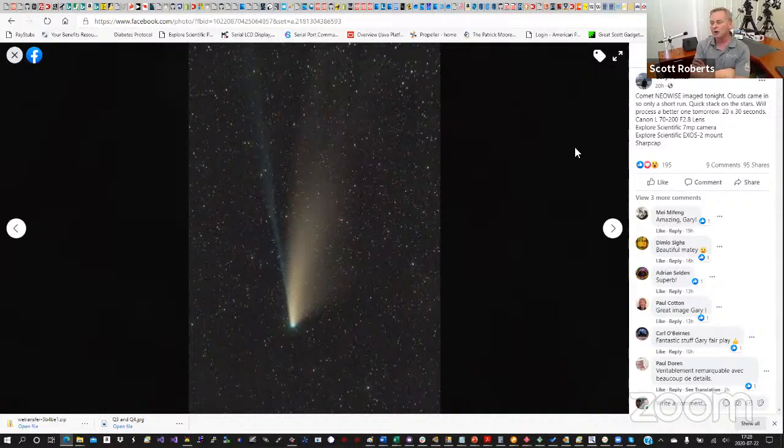This was shot on an Exos 2 with PMC-8, and some of you might have heard that Gary is testing some of the cameras that we're evaluating now for Explore Scientific. Gary's one of the top astrophotographers in the world, and he turned out a very nice image.